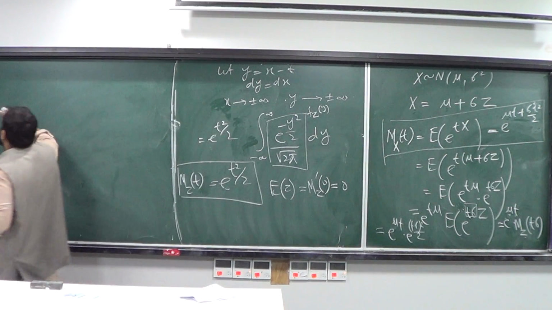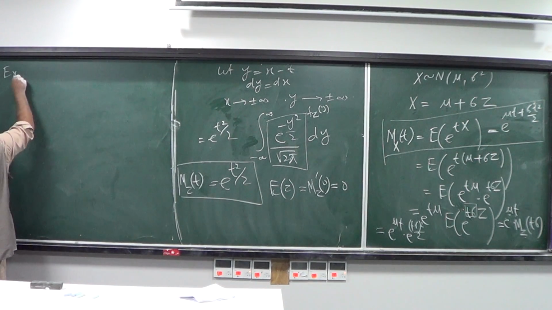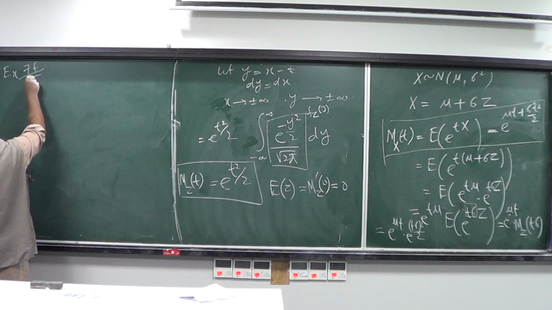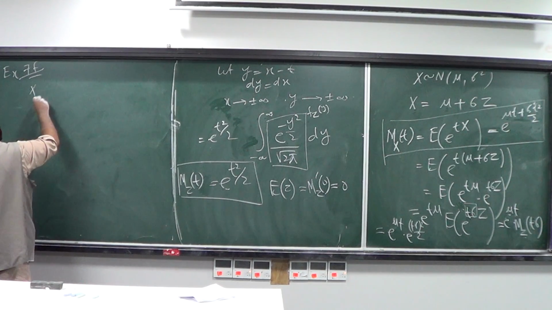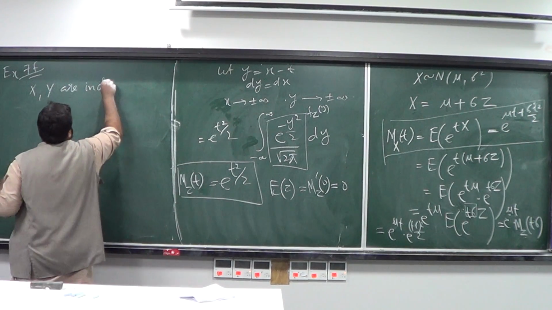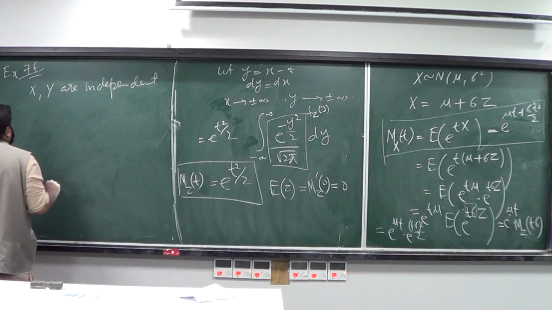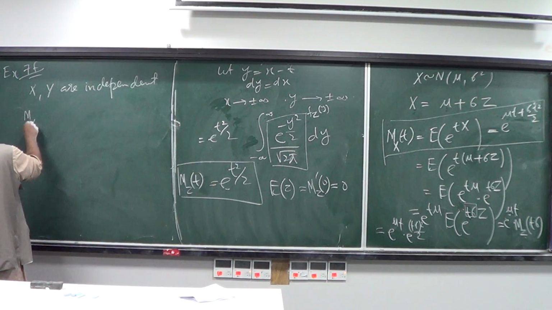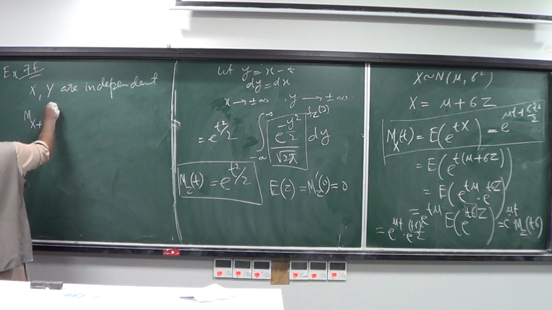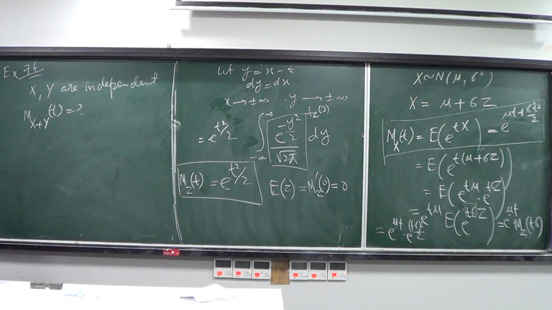So the next calculation that I would like to do is really example 7f, and this says that if x and y are independent, okay, then what is the moment generating function of x plus y? Okay, the moment generating function of x plus y.